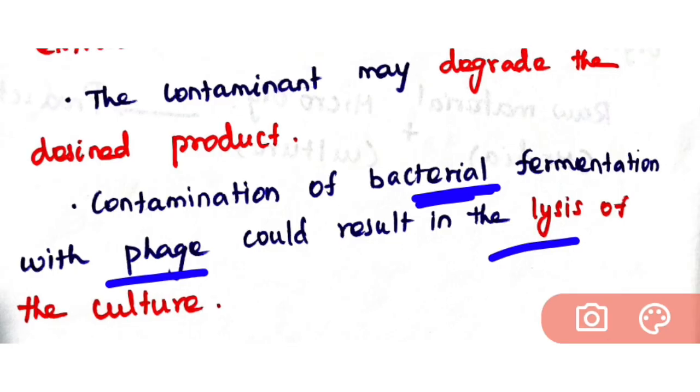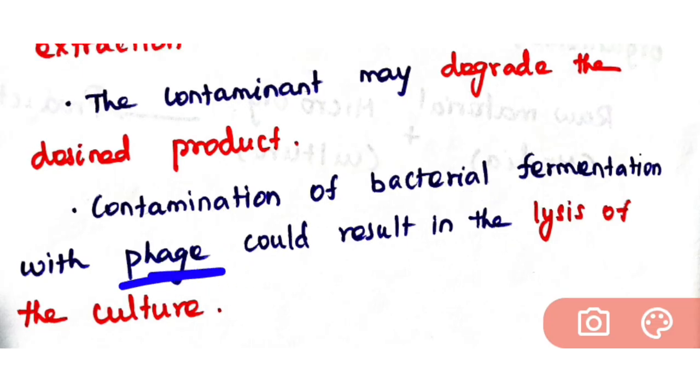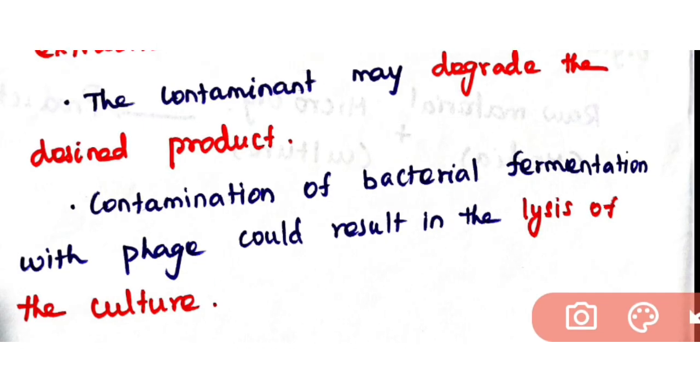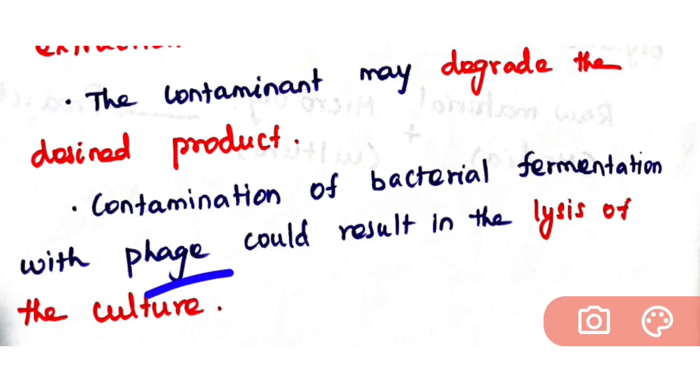At the end of the process, the bacteriophage causes the bacterial cell to burst or lyse and it releases its new phage particles. So in this process the bacteriophage kills the bacterial cells, thereby reducing the number of bacterial cells present in the culture, which leads to decreased production of your desired products.